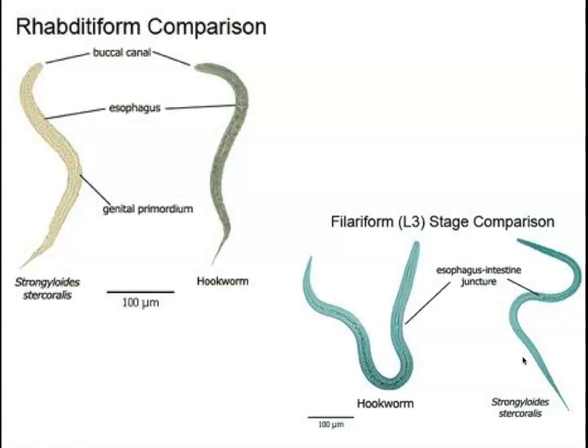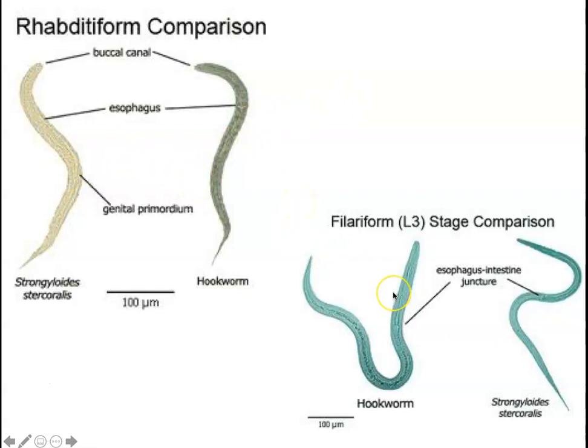Another way to differentiate hookworm and Strongyloides is by their filariform larva. I will never show you a picture like this of these larvae because it's too hard to tell, but you need to know the facts about them.